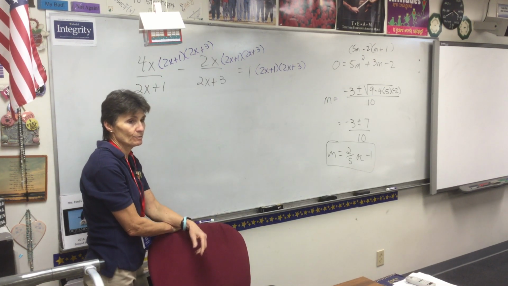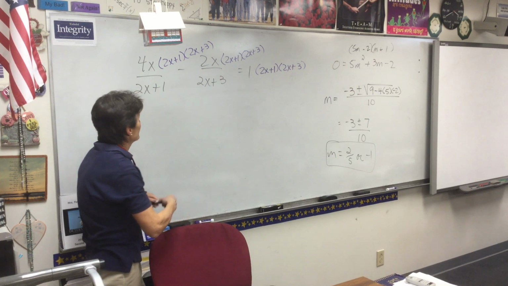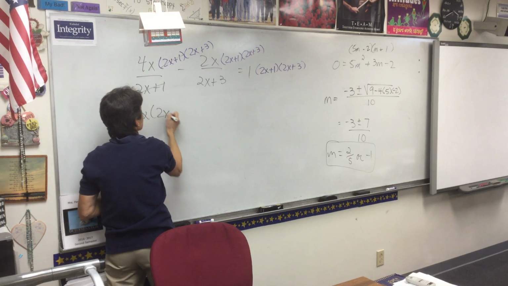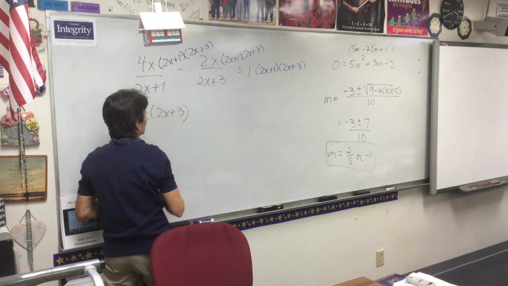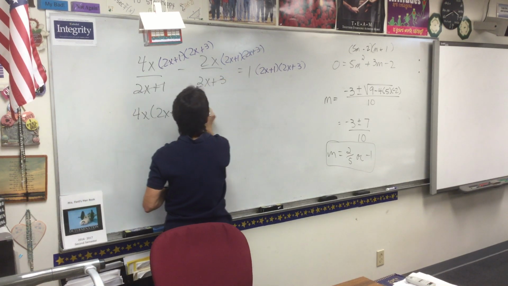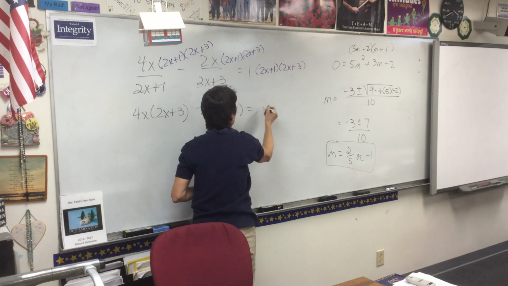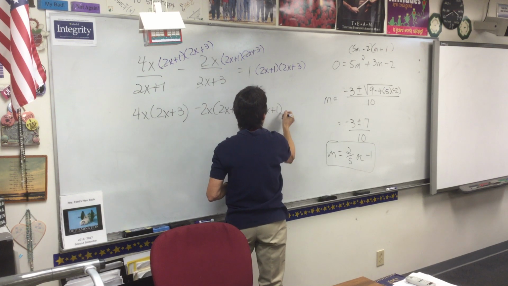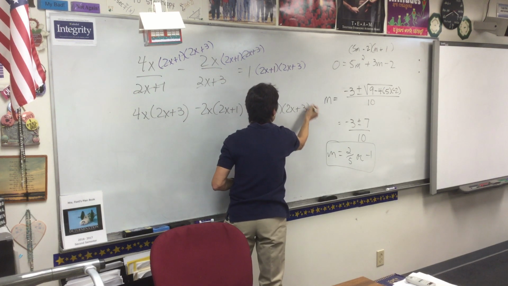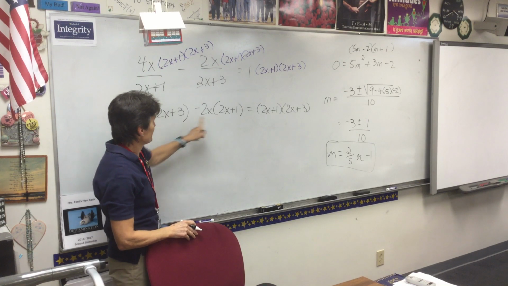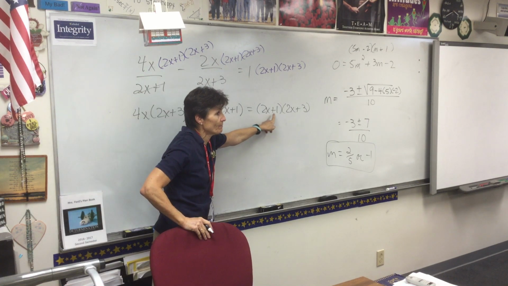Are we ready to start canceling? So this goes away, leaving me with this. This goes away, leaving me with this. And over here, I still have it all. These are distributes, but that's a FOIL, right?